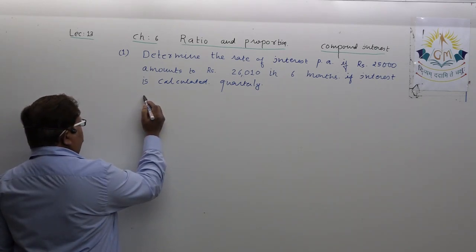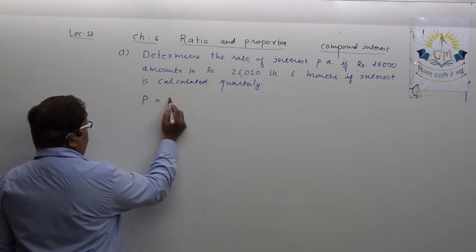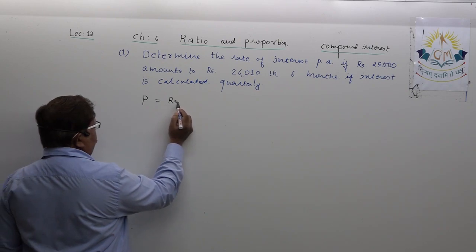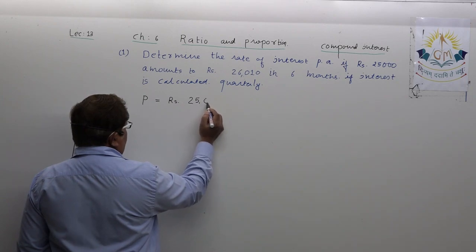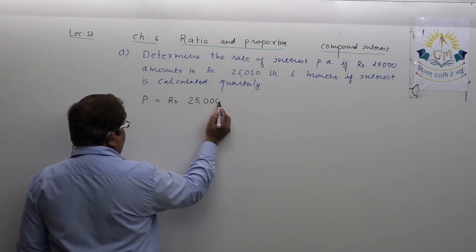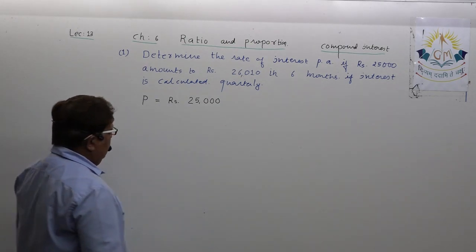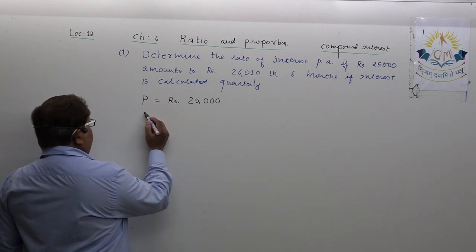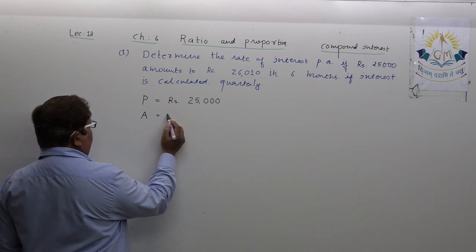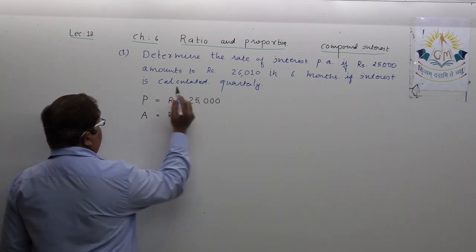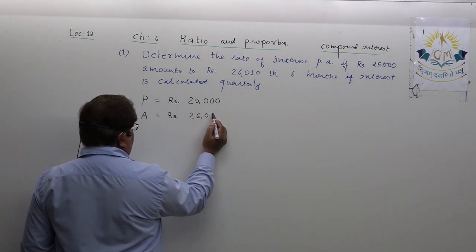Okay. What is the principal amount given? That's rupees 25,000. This is the principal amount given. What is the compounded amount has been given? Rupees 26,010.